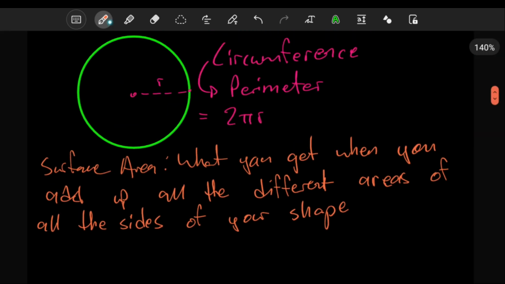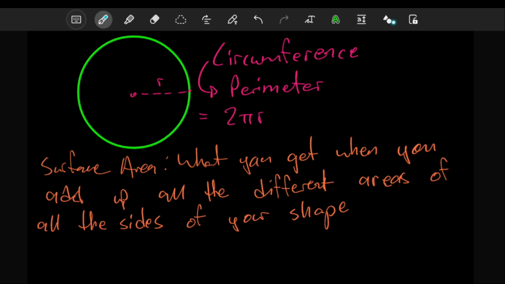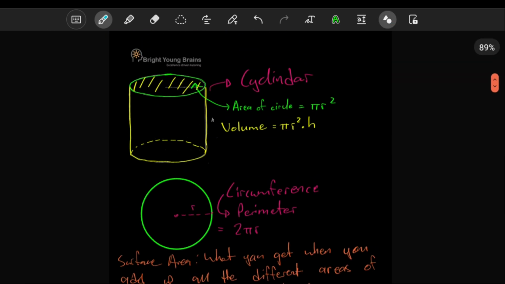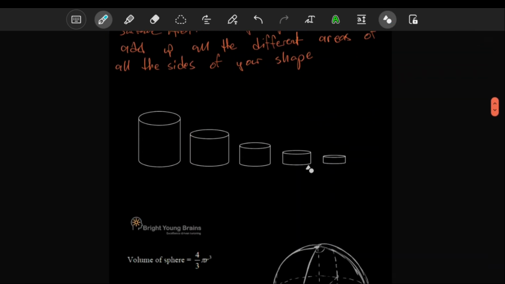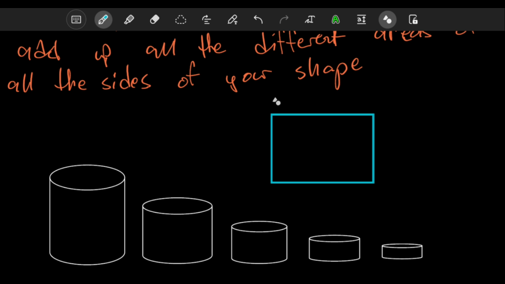So when you think of a cylinder, if you open up this cylinder to work out the surface area, we know that you have a rectangle that is formed, and then we also have a circle at the top.